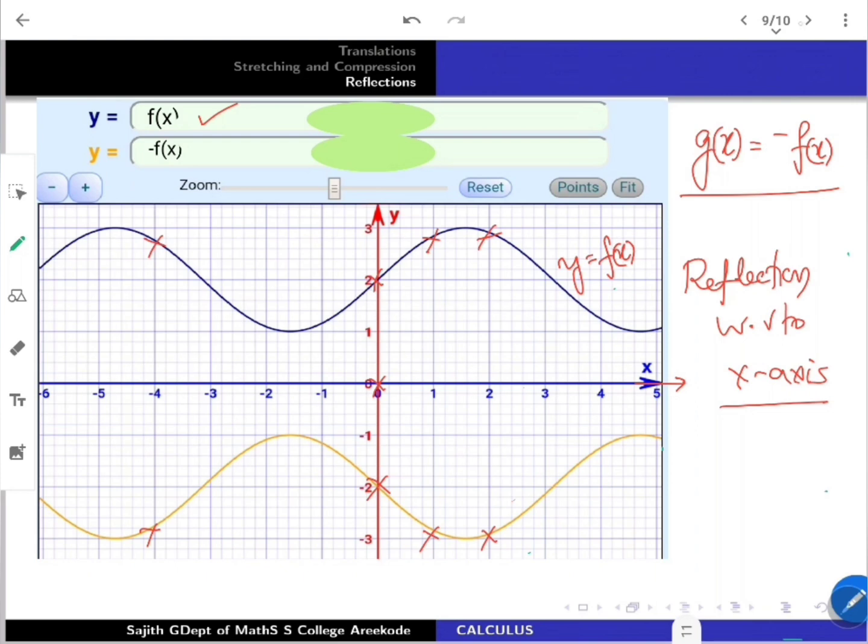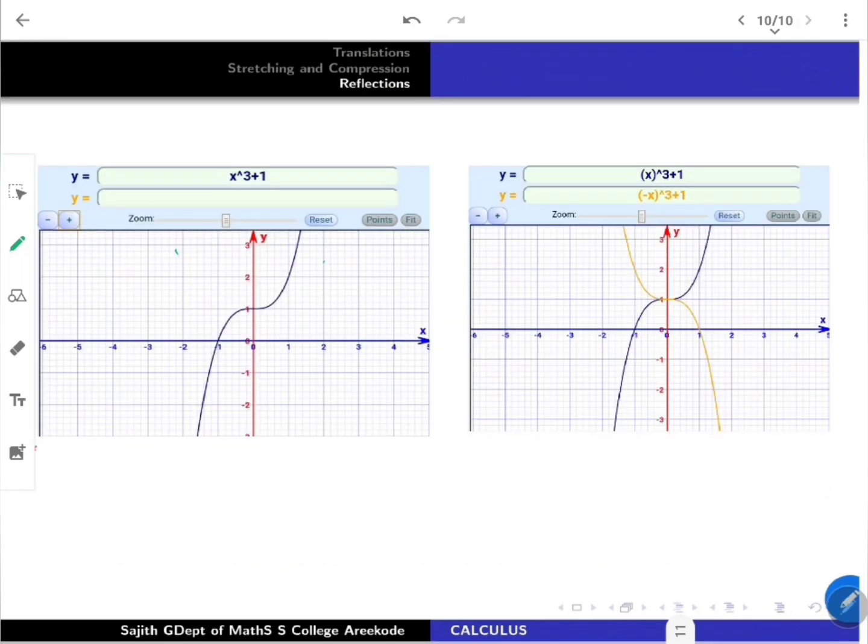Now, on the other hand, a change like this, for example, g of x is going to be f of minus x, then we are going to get a reflection with respect to the y-axis. That's also obvious here, because at 1, see, this is my y equals f of x. So my rule is g at x is going to be f at minus x.